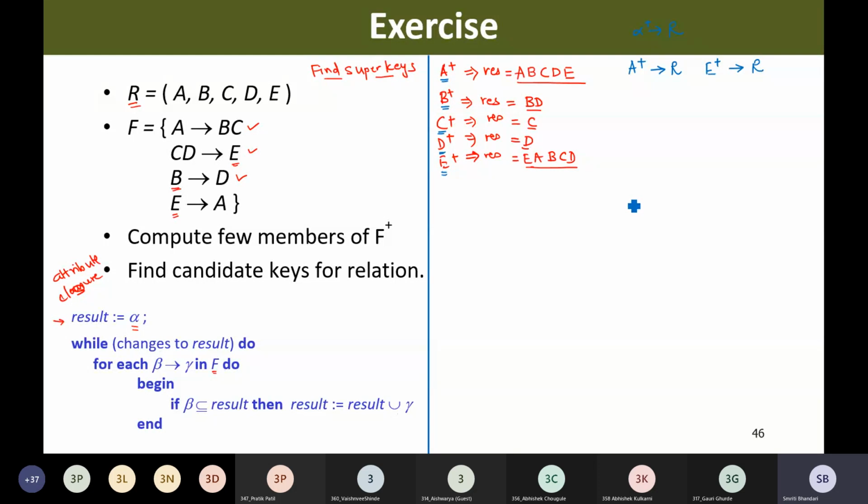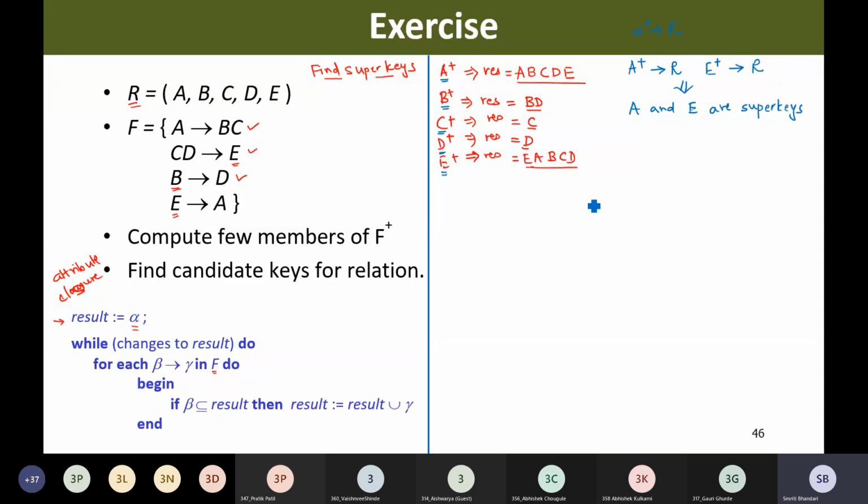Yes, ma'am. So we can say that A and E are the super keys.